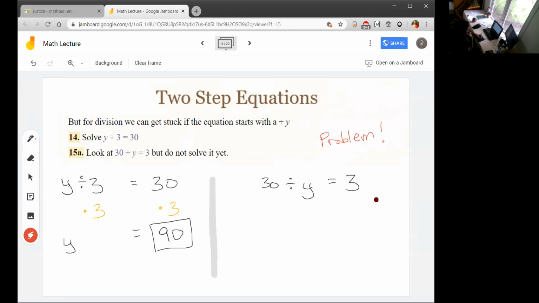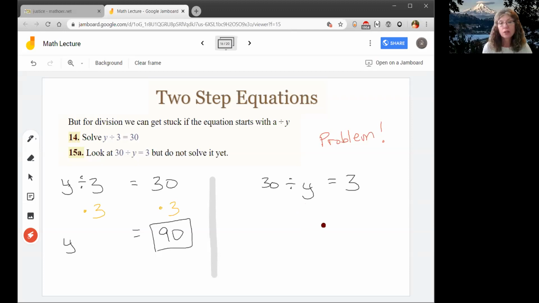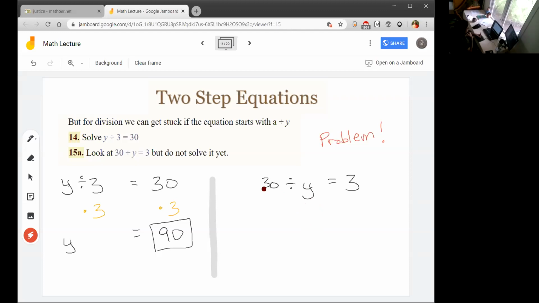In this problem, if I just stare at it, what's y going to be? It's a different problem. It has a different answer. y is going to be 10. I can see that 30 divided by 10 will be 3.